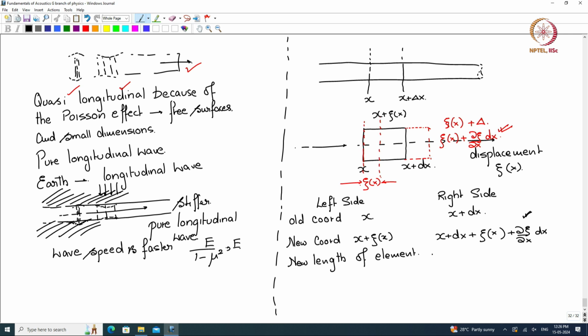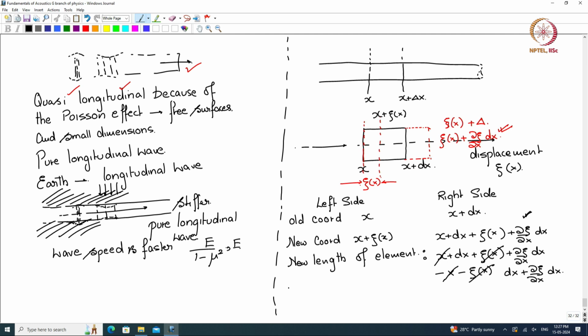So it is x plus dx plus xi of x plus del xi by del x dx minus x minus xi of x. So if we cancel x, we cancel xi of x, the new length is dx plus del xi by del x dx.